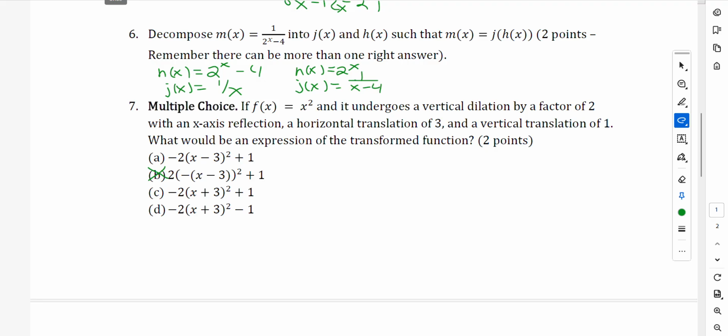So that would eliminate C and D. The answer was A. The other thing that would eliminate it is the vertical dilation of 2. That wouldn't have eliminated anything unless I had put like 1/2 or something like that. And then vertical translation of 1 would eliminate D. So the answer is A.